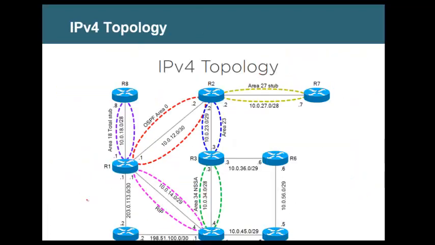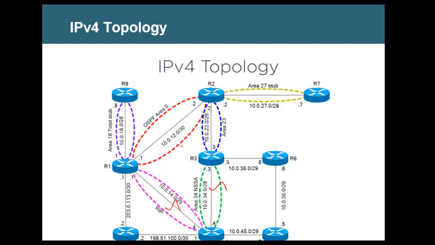To explain that, I have this topology. You see, in this topology we have different protocols. If you take router 4, we have RIP running, we have OSPF running. So multiple routing protocols running there.